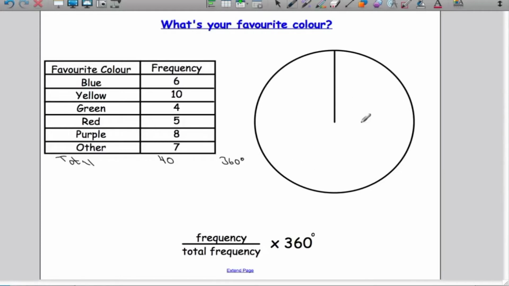And looking at the circle, we all recall that the circumference of a circle is 360 degrees. So we are going to calculate the respective degrees for each of the colors.